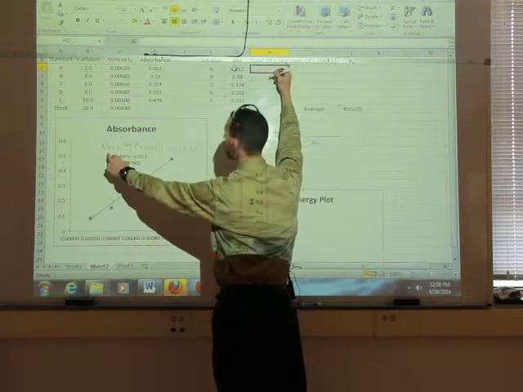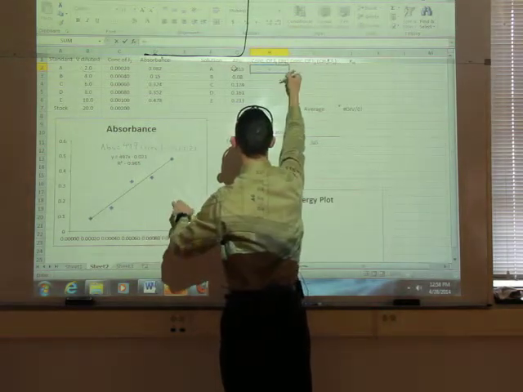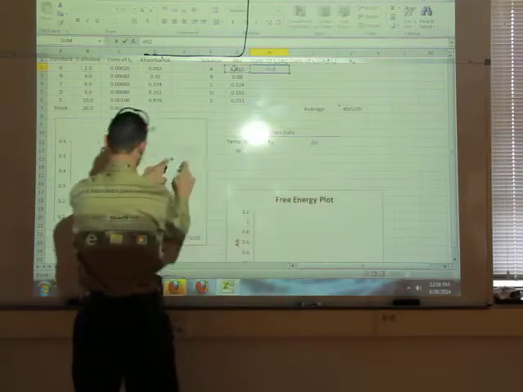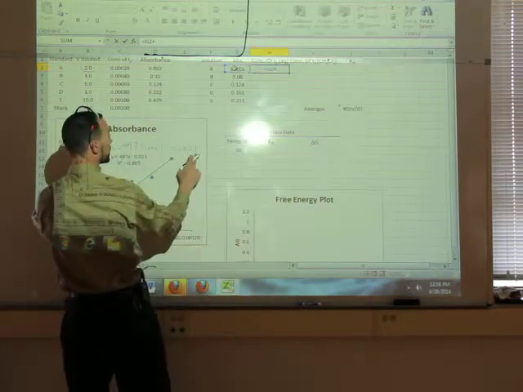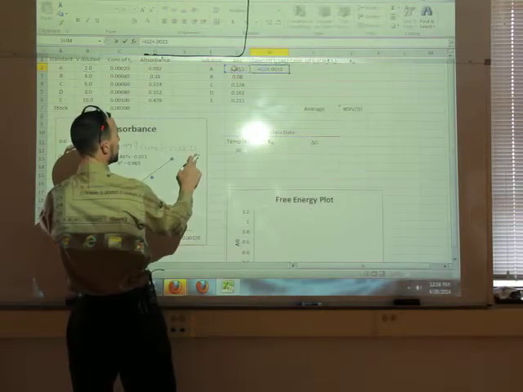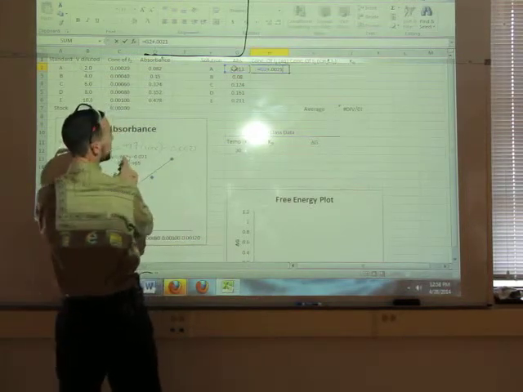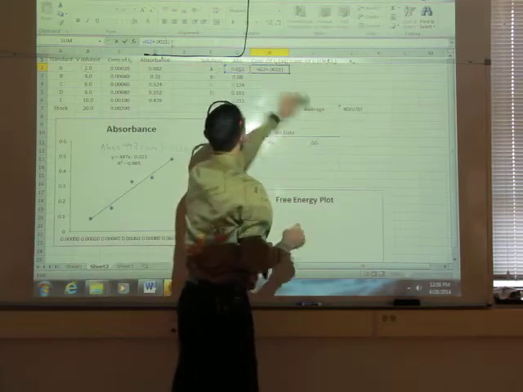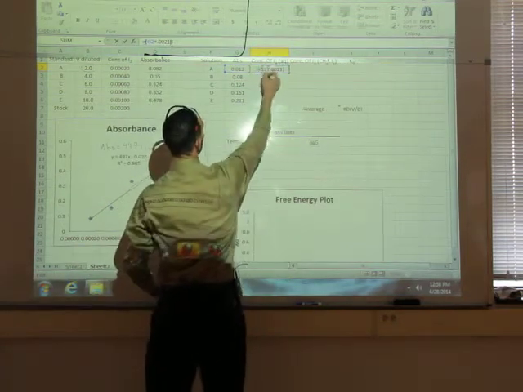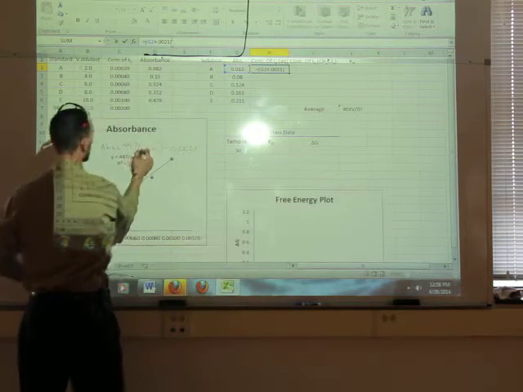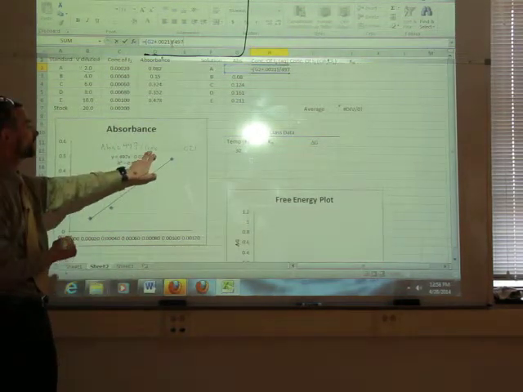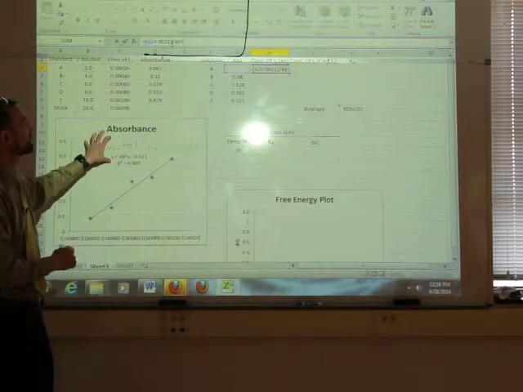So we're going to take equals the absorbance value, G2, plus, in this case, I'd have to add 0.0021. And then that needs to be in parentheses, because we now have to divide by the 497. So we've solved this equation for a concentration from the absorbance that we measured.